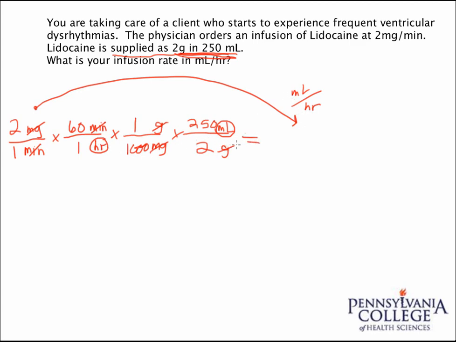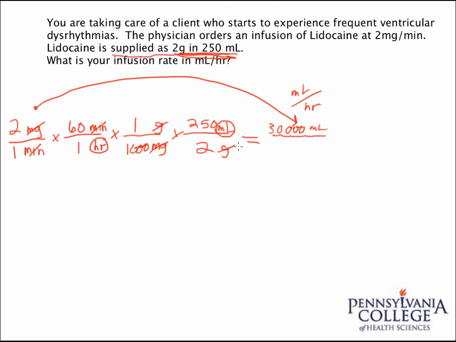So I'm going to stop with my dimensional analysis and proceed with the multiplication of all the numerators. I'll have 2 times 60 times 250. What I get is 30,000, and my unit is milliliters.